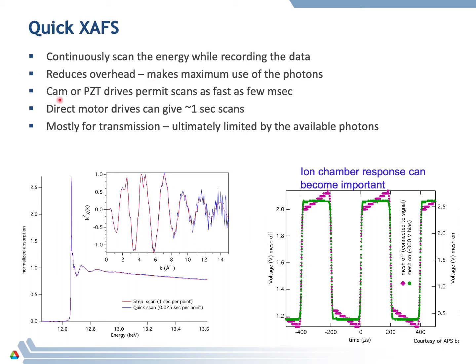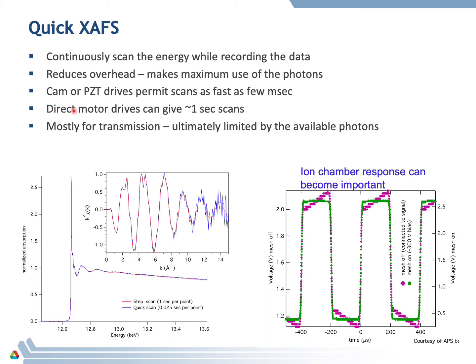It turns out that specialized monochromators that have a cam or piezoelectric drive would permit scanning as fast as a few milliseconds, full XAFS in a few milliseconds, if there's enough incident flux to support that kind of measurement.